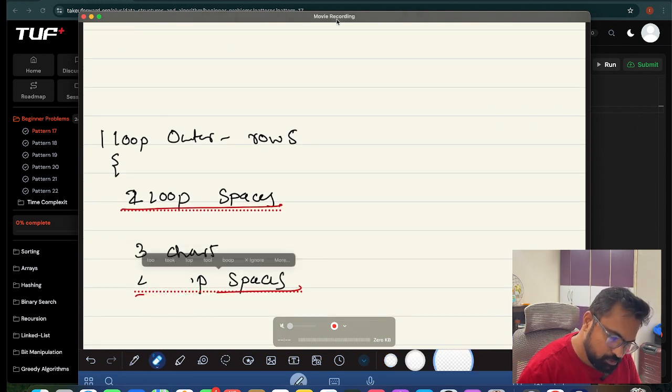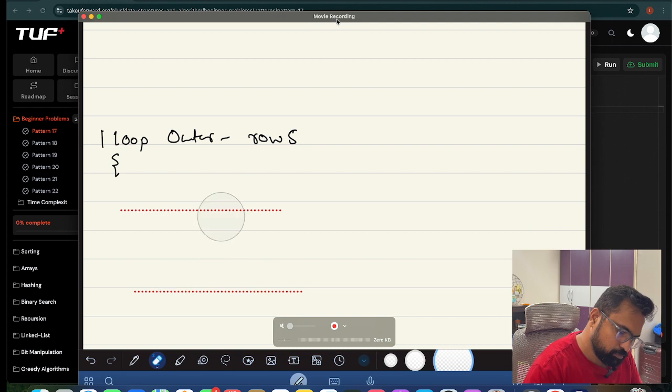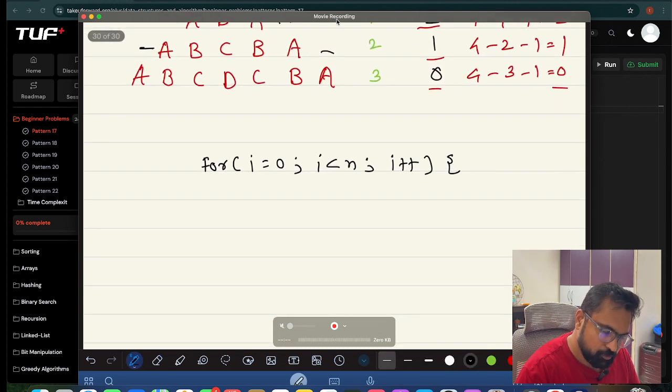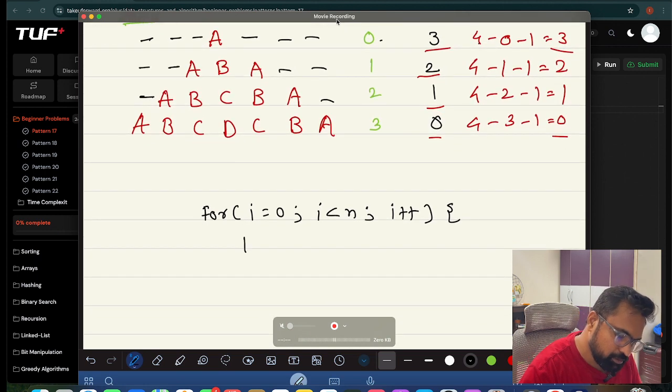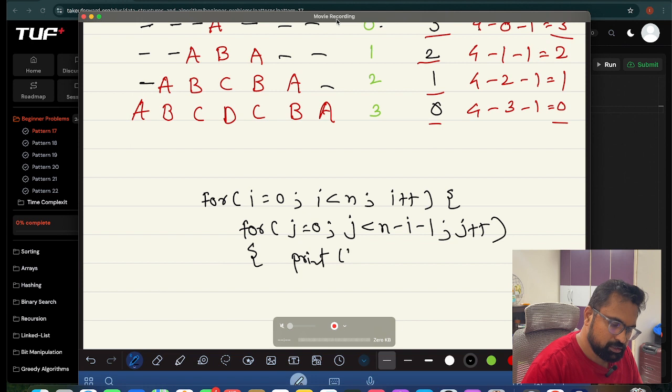Let's write our inner for loop for spaces. So what that will be: for j equal to 0, j less than n minus i minus 1, j plus plus. And what we will print is a space, right?